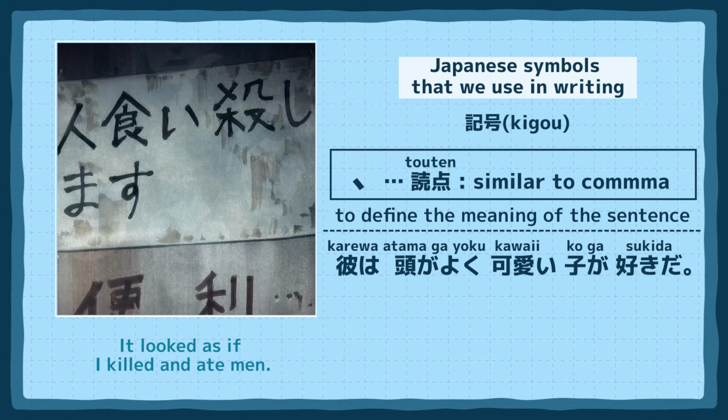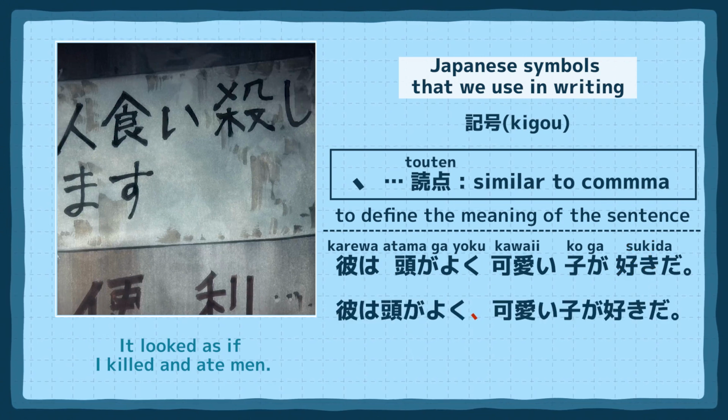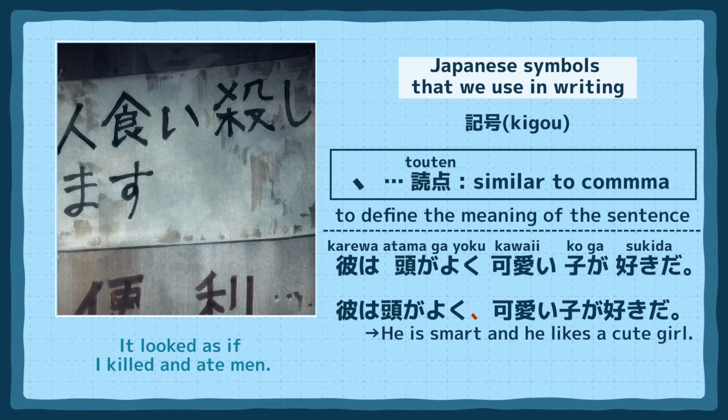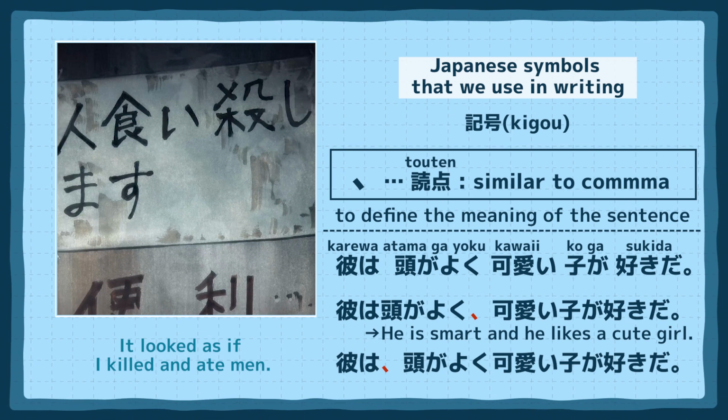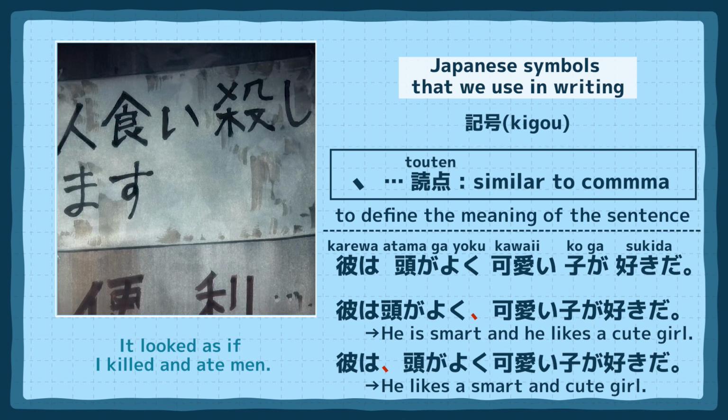If you put the touten here, 彼は頭が良く可愛い子が好きだ, most people think he's smart and he likes a cute girl. But if you put the touten here, 彼は頭が良く、可愛い子が好きだ, in this case, he likes a smart girl and a cute girl.